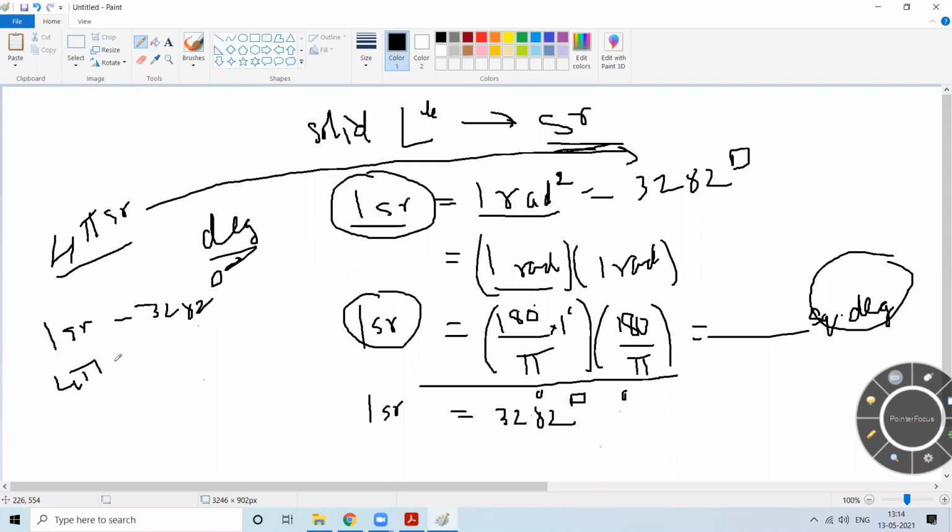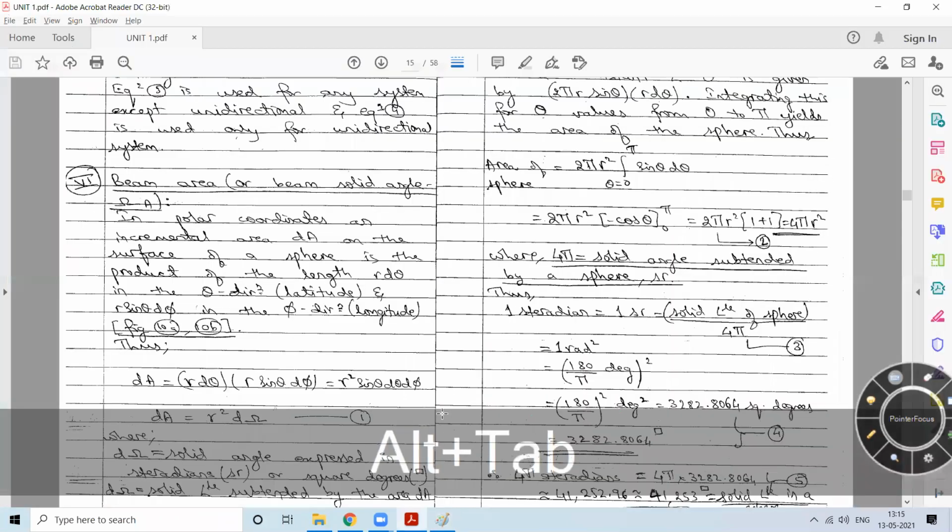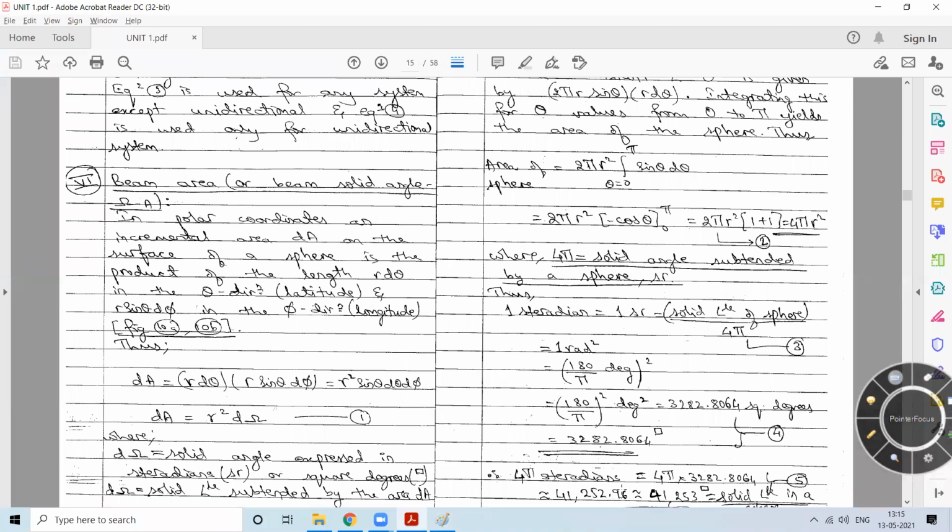Therefore, 4 pi steradian is equal to how much? You just multiply 4 pi with 3282 square degrees. You will get this representation in terms of square degrees, which is around 41,253.